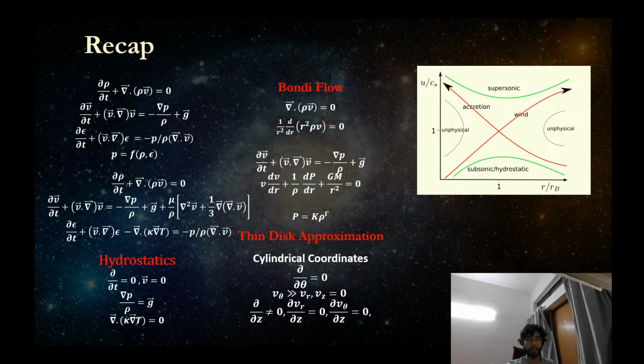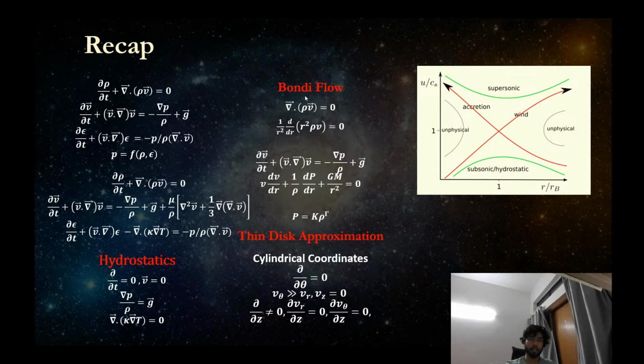The matter will fall into the black hole in a spherical manner because the gas does not have any angular momentum. In that case, we saw that the v theta component, or the angular velocity component, will be zero because the velocity will only be in the radial direction.